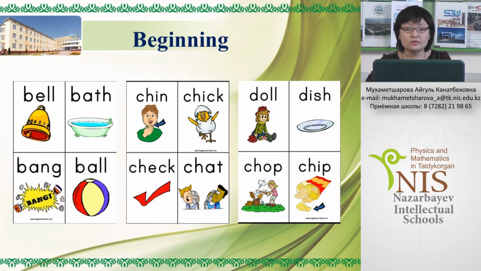You see in your screen the words like bell, bath, bang, ball, chin, chick, check, chat, doll, dish, chop, chip. You see what kind of sounds we practiced in this activity. Letters like b, sounds like ch, and letters like d.